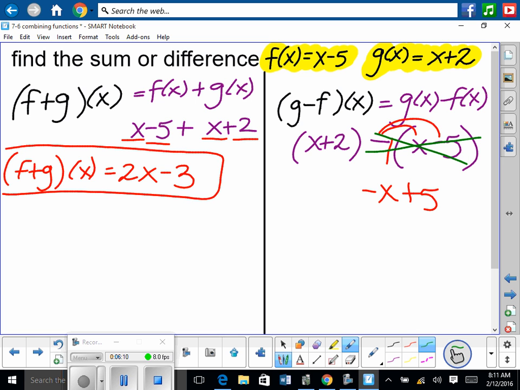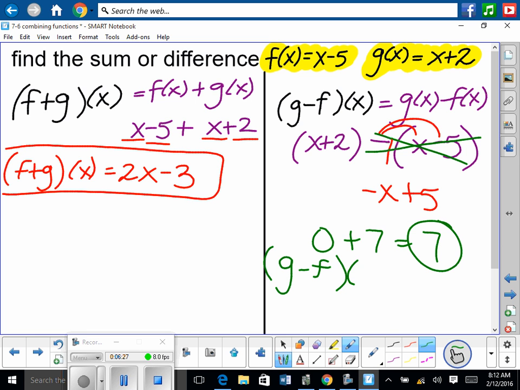So now we're simply combining like terms. x plus negative x, right? 0. 2 plus 5 is 7. Our answer is 7. So g minus f of x was equal to 7. Questions on that?